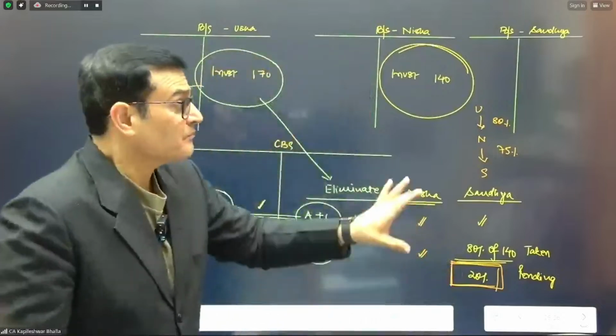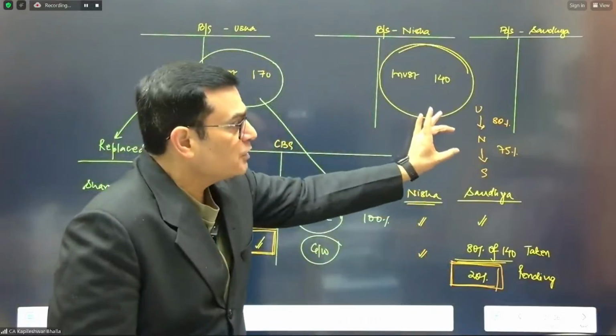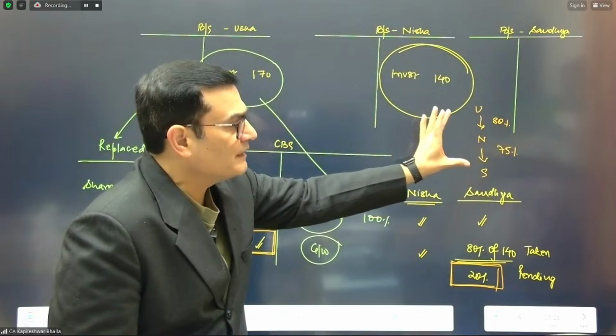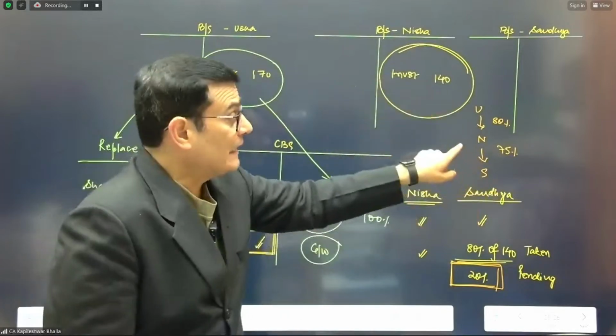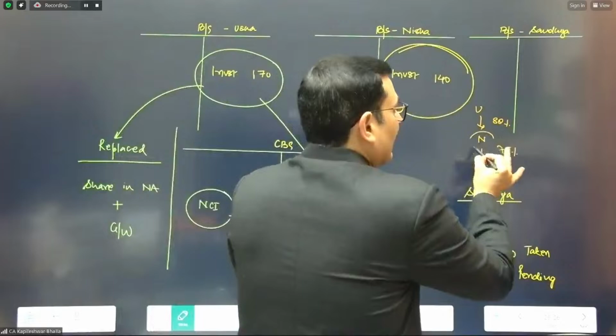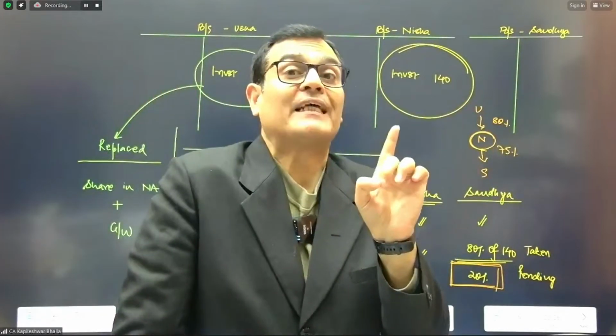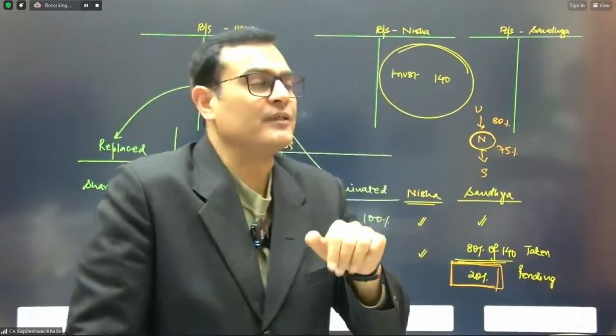Because ultimately, Nisha is financed 80% by Usha and 20% by the NCI.